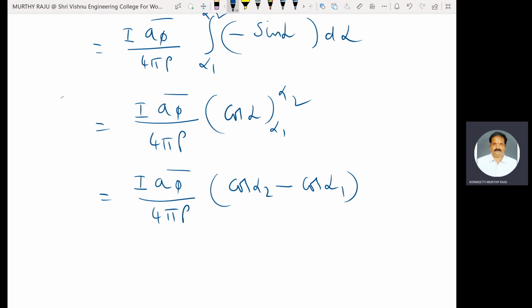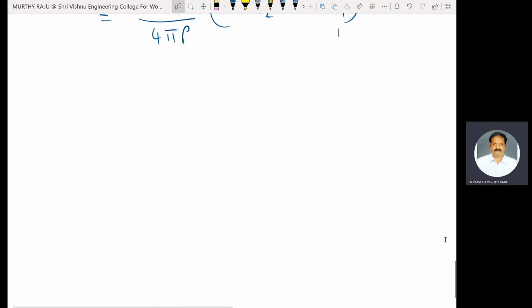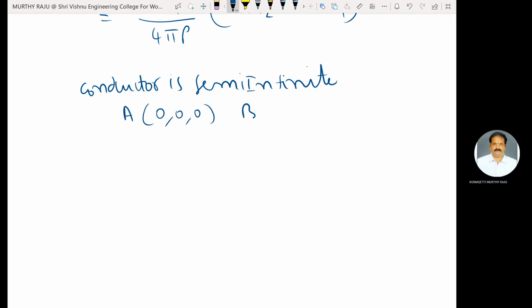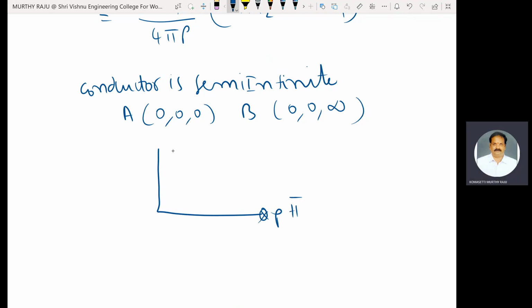Suppose the conductor is semi-infinite, that means A is at 0, 0, 0 and B is extended to infinity. The figure is like that here.